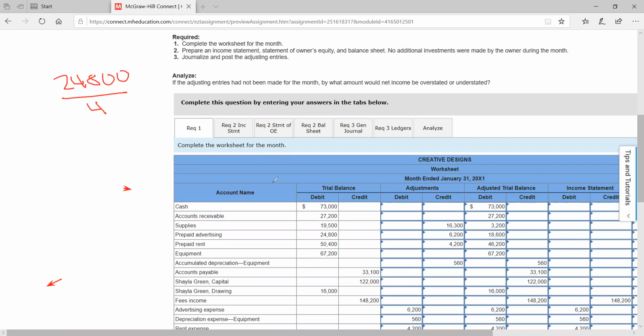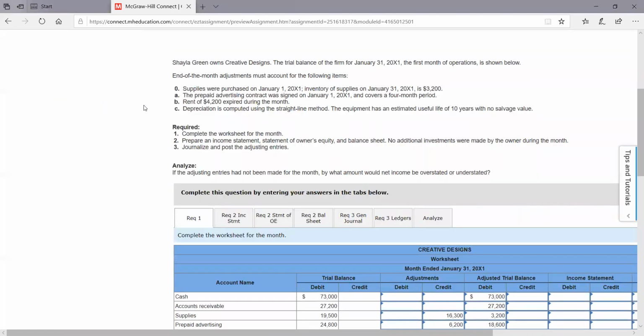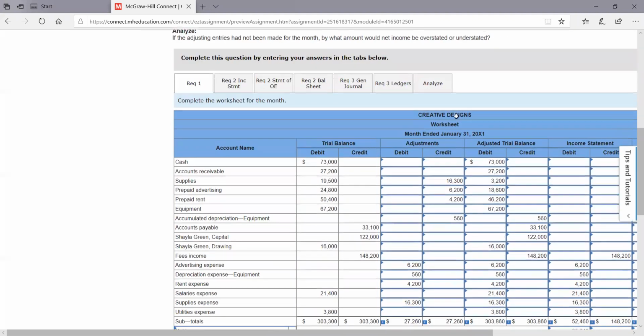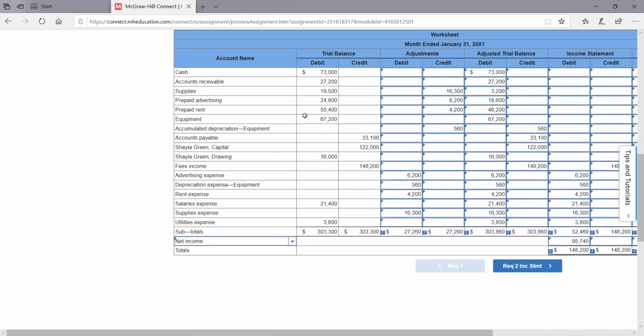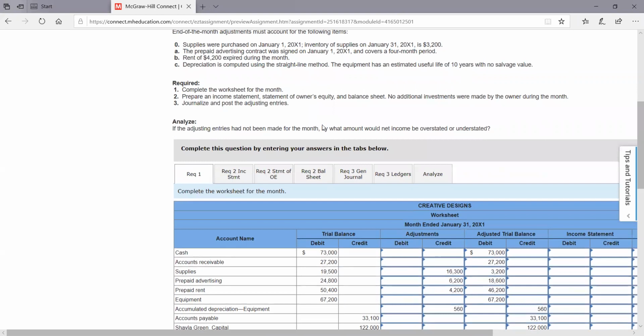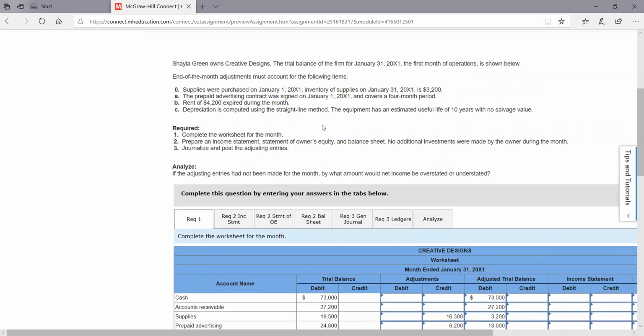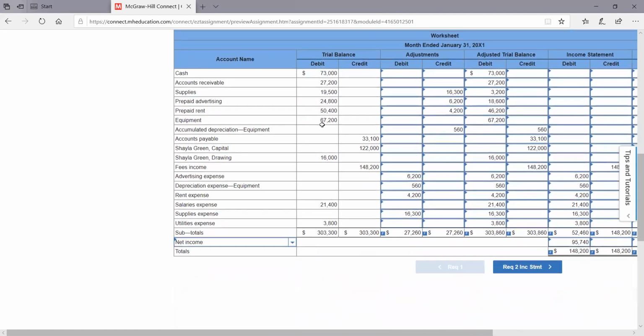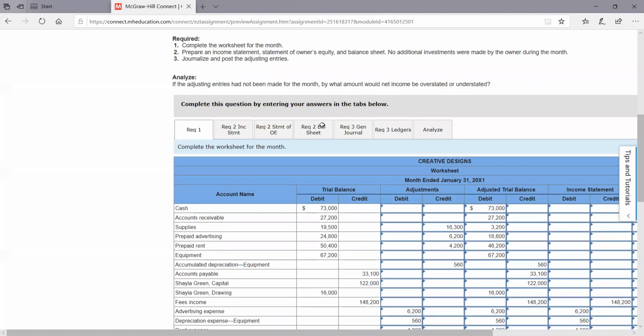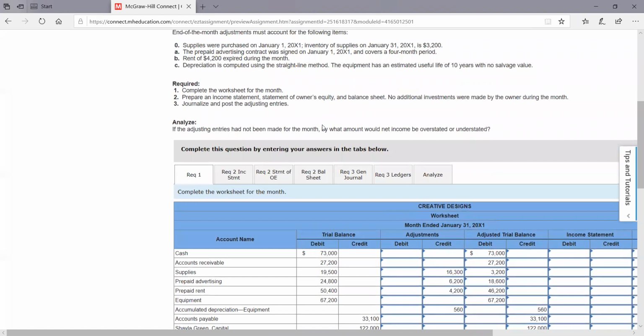On your depreciation, let me recap that one. It looks like it is a 10-year useful life with no salvage value. So all I do there is I go to your equipment account of 67.2. I believe that's the one they want. Yeah, so just take the 67.2 and divide by 120.